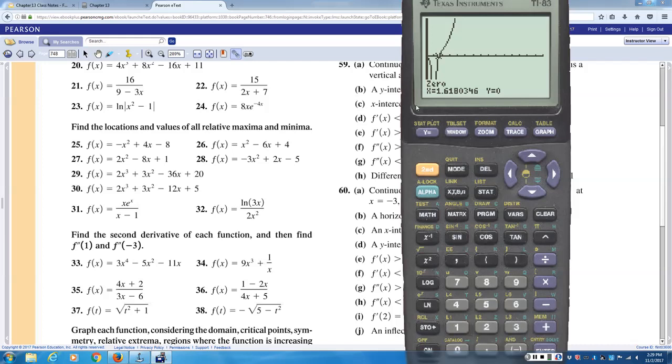Says it has a zero at x equals 1.61. So if that's really a zero, then my function at that same value should reach a maximum.